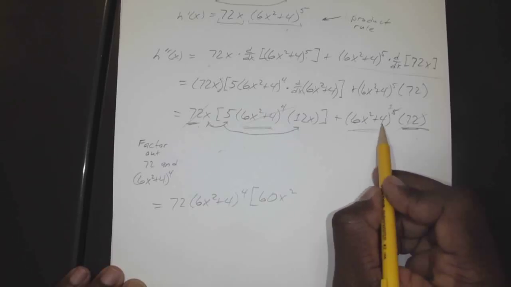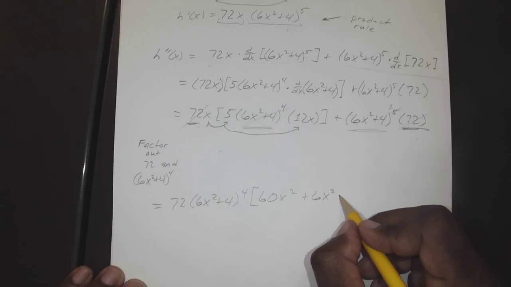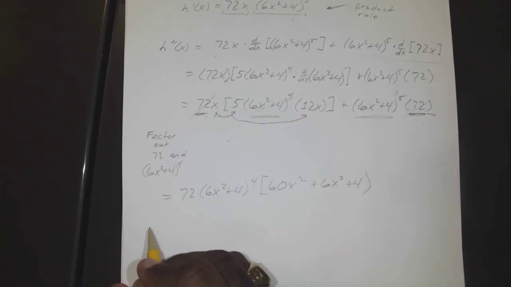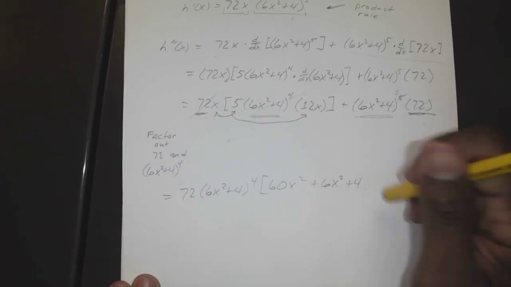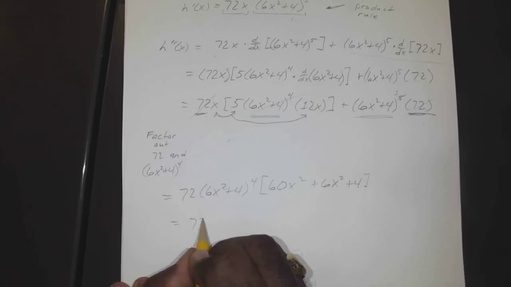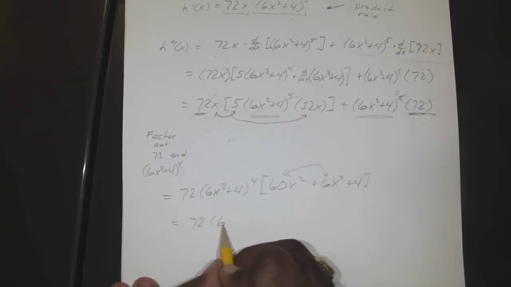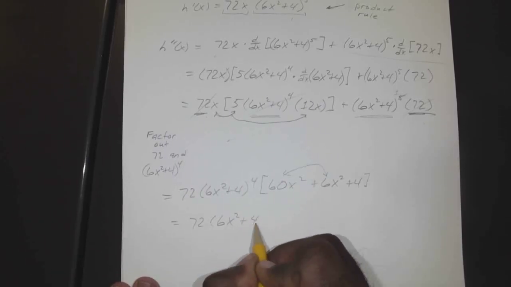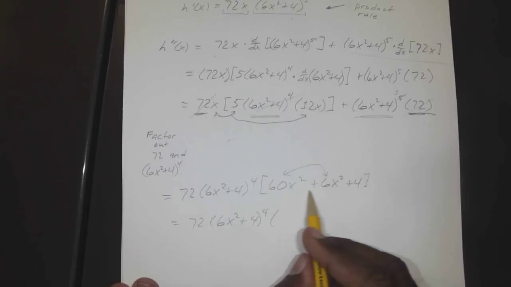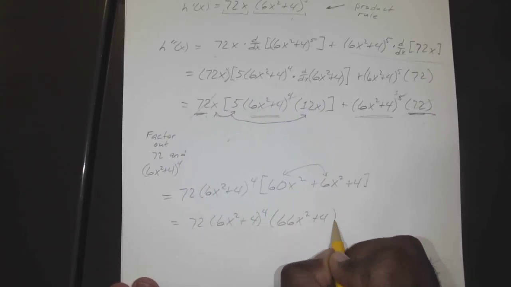Then you have 6x squared plus 4 to the first power, so you don't have to write parentheses or anything. Okay, let me put the other bracket here. So that equals 72, combining those, times 6x squared plus 4 to the 4th times 66x squared plus 4.